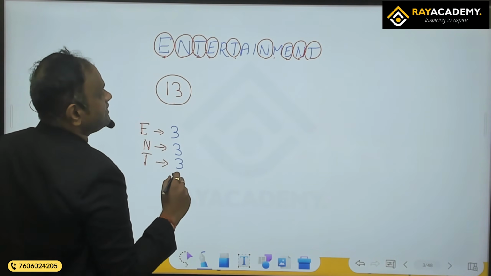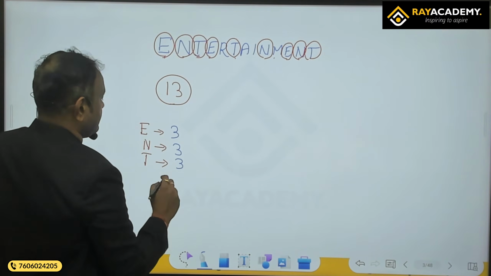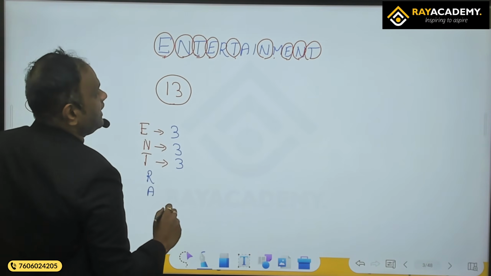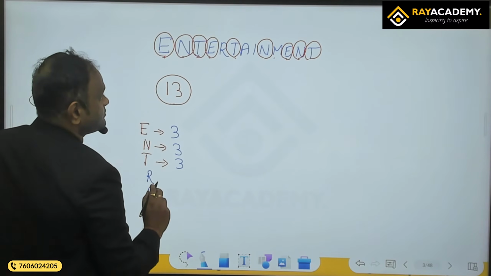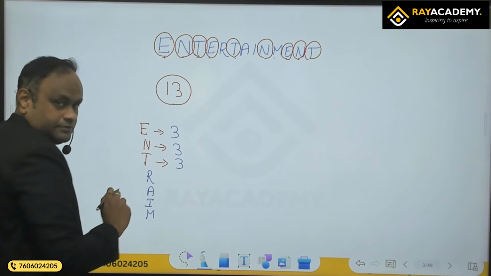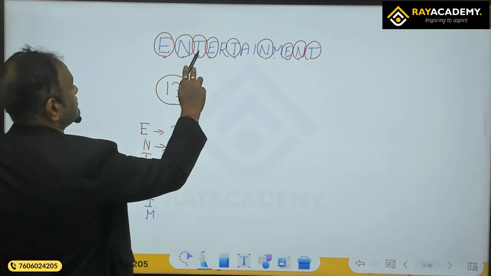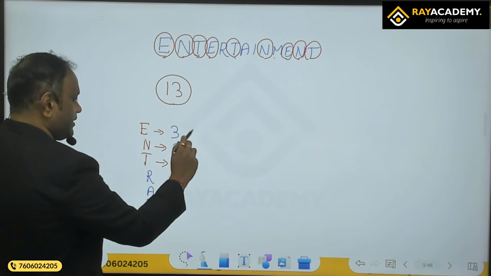What else? R is not repeated. A is not repeated. I is also not repeated. M is also not repeated. So how many letters in total? 3, 3, 3, 9, and this is 4, so 13. Okay, we have covered everything.